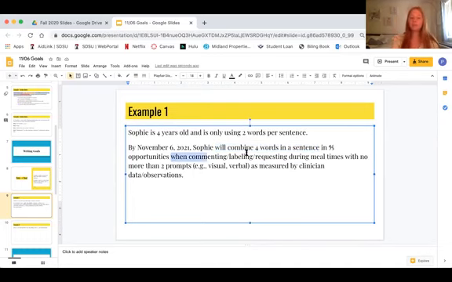When commenting, labeling, requesting during meal times, right? That's our context with no more than 2 prompts, visual or verbal, as measured by clinician data observations, okay? So that's including all of our different areas of the goal. I think we also probably could include in here over 2.